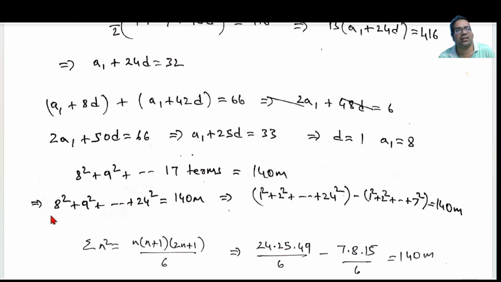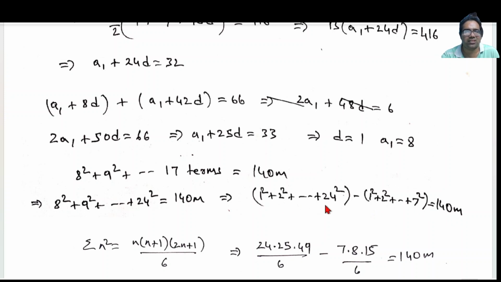So we do the sum of 1 square to 24 square and subtract 1 square to 7 square. So 8 square to 24 square is 1 square to 24 square minus 1 square to 7 square, which is equal to 140m.